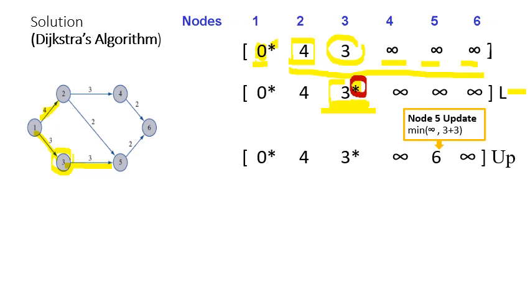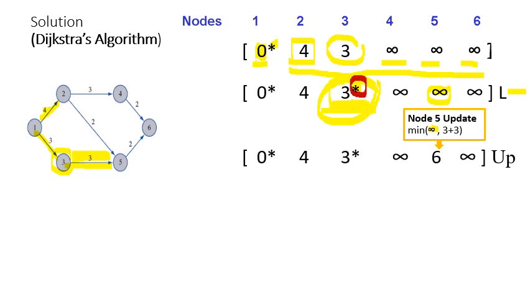How can we do that? Well, previously the label for node 5 is infinity. So we compare which is smaller between infinity, its previous label, and the distance through this permanent label to node 5. We are already marking node 3 as permanent. Now you check from node 3 to node 5, the distance is 3.